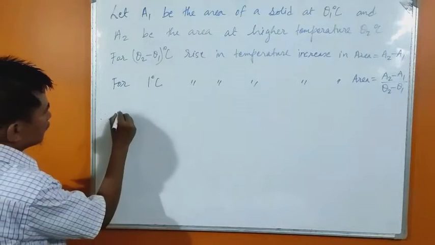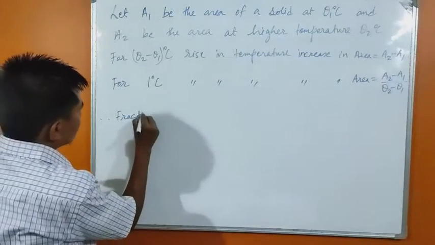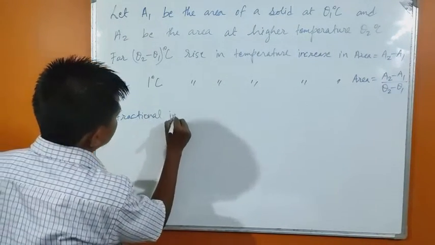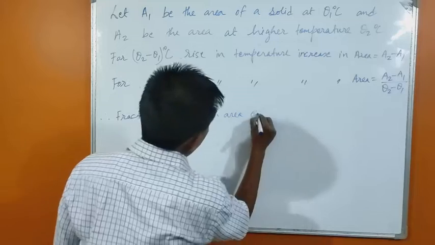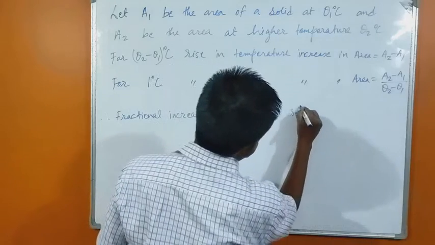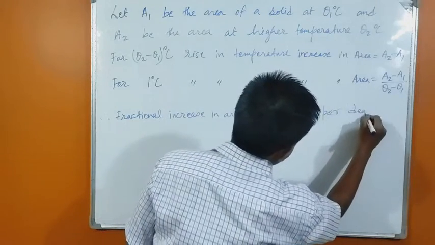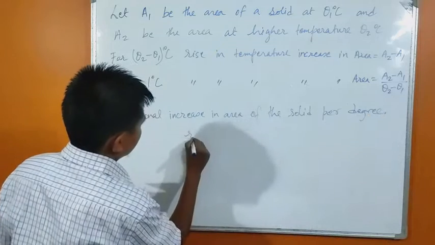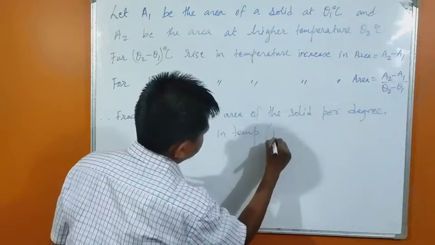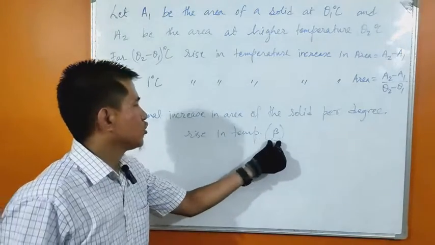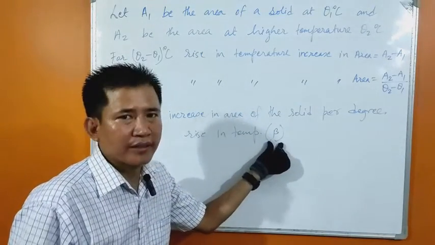Therefore, fractional increase in area. Now comes the definition. The fractional increase in area of the solid for degree rise in temperature is beta. We denote the coefficient of superficial expansion by the letter beta.